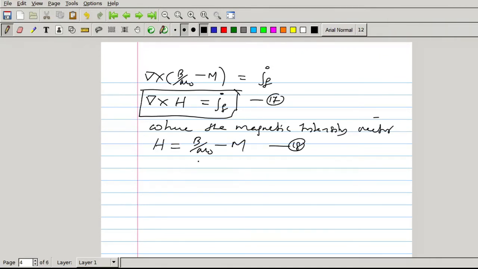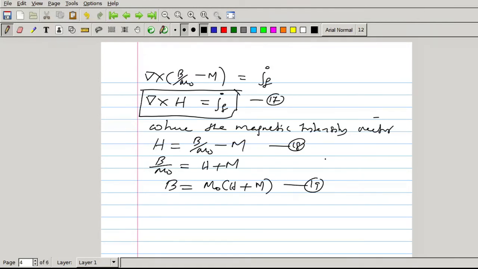From that we can calculate B. Taking minus M to the left hand side, B by mu 0 equals H plus M, or B is equal to mu 0 into H plus M.